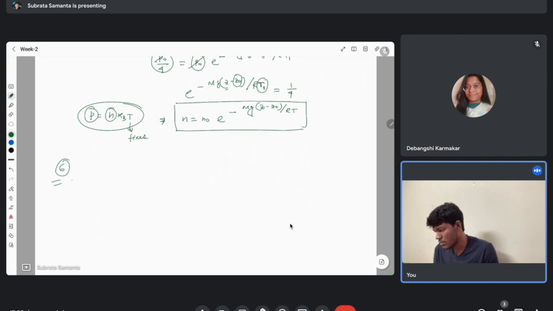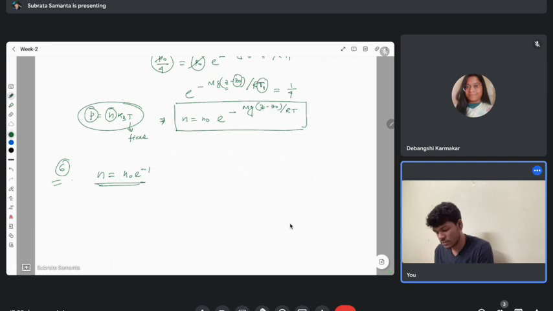Let's say a gas of molecular weight m is kept in a column of height h and temperature T. The pressure and number density at the base z0 are P0, N0. At what height does the number density fall by 1 by e? So the number density falls to 1 by e of the initial value.